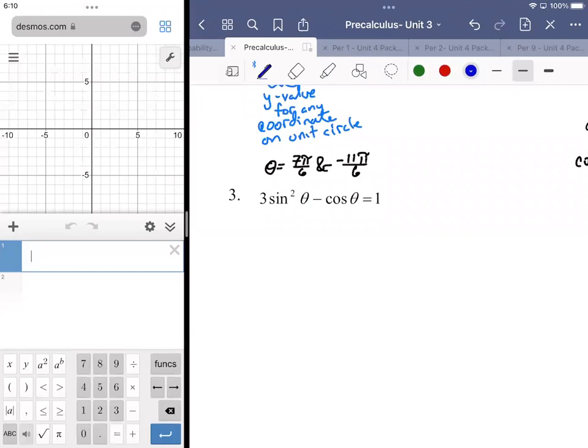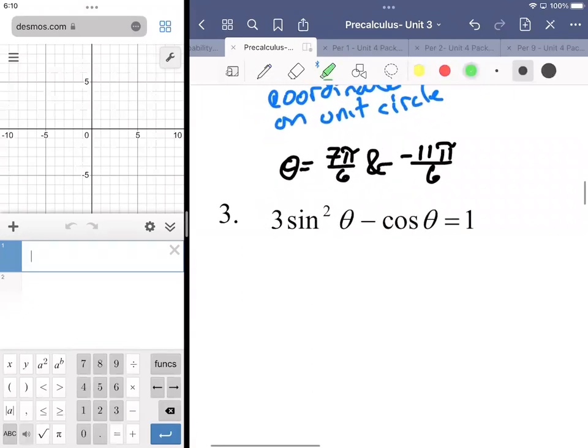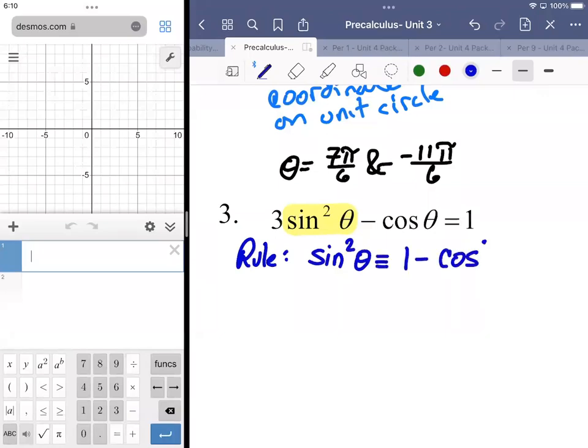And so the way we would handle that is by doing a conversion using one of the trig identities. For example, we have a rule that says the sine squared of theta by definition is equal to 1 minus cosine squared theta.